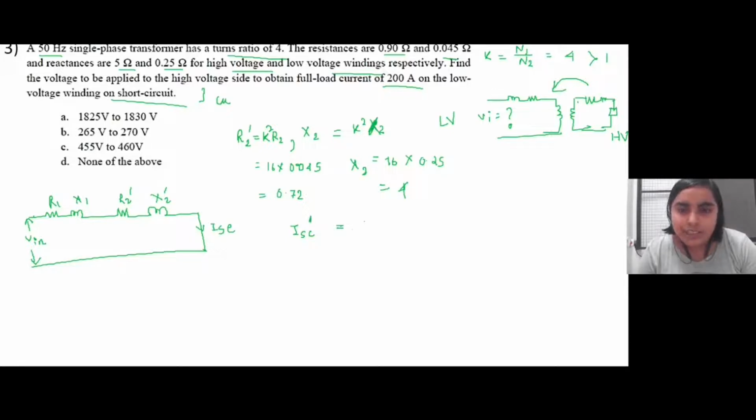In case of current it gets divided, right, because it is in the reverse ratio of the turns ratio.